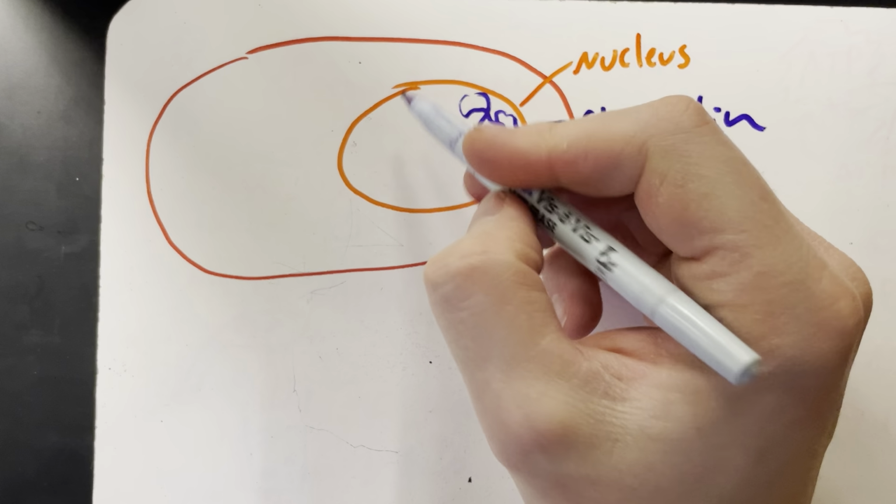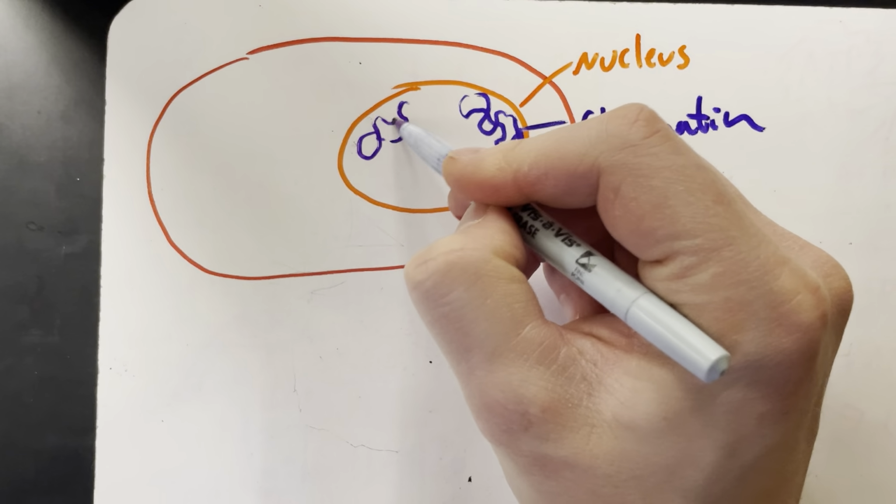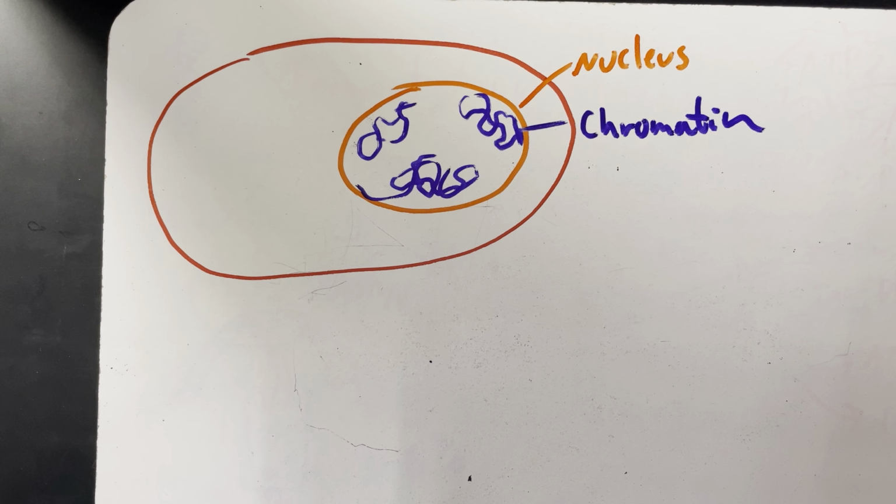So you'll have multiple chromosomes, but they're spread out, they're being used, translated into proteins, things like that. And then one of the first things when you start mitosis is that chromatin turns into what are called chromatids. So this is how it's normally hanging out in interphase.